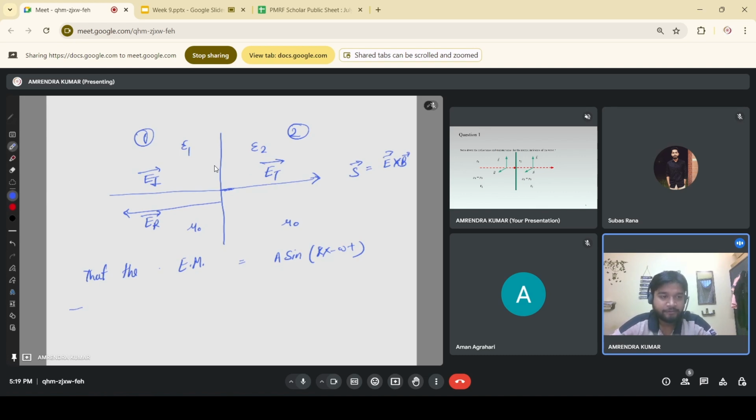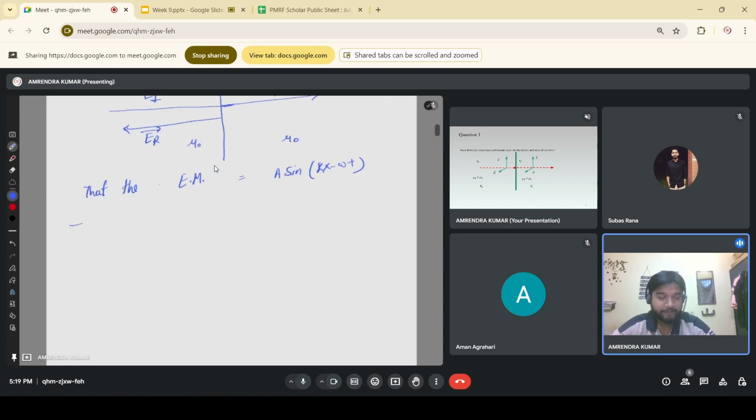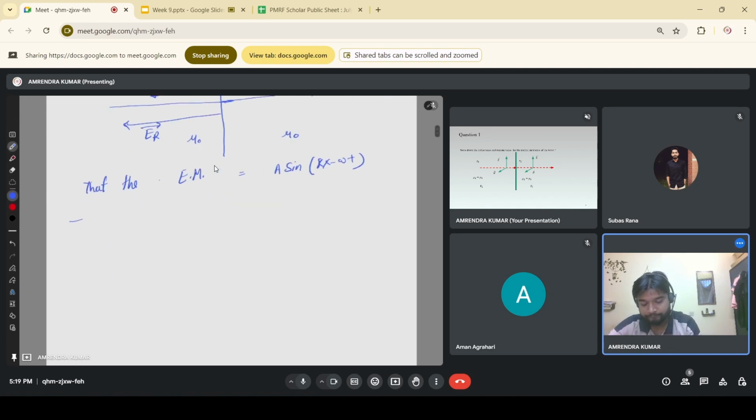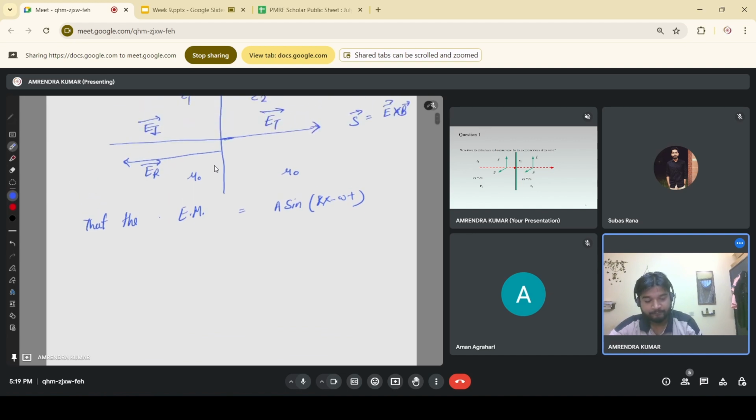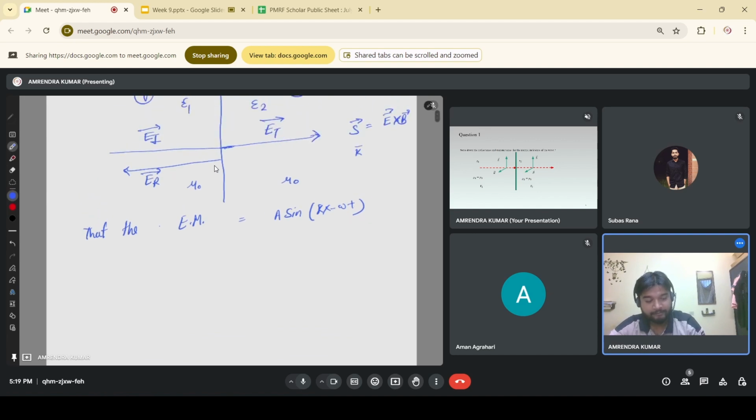It is also the same as the propagation vector k; they are pointing in the same direction. The k vector was k cross E.